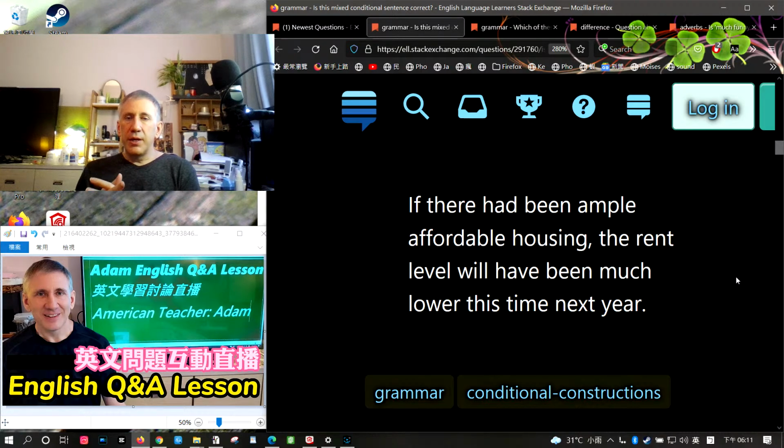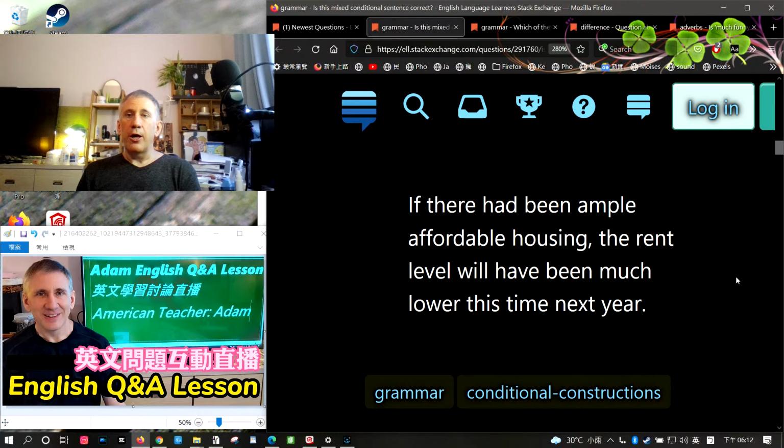Because in the if clause, we are using if there had been ample affordable housing. Now this is a type 3 conditional, if I'm not mistaken. And it's used for events that are hypothetical, that are not likely to happen, or are impossible to happen.